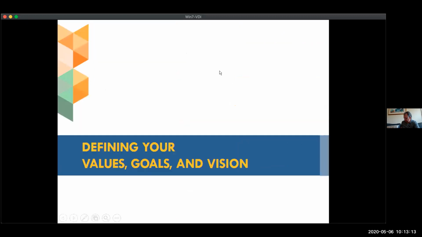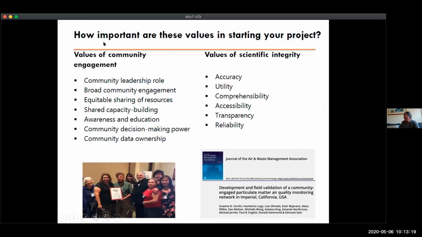To define your goals, there are a few things to consider. One is balancing the values of robust community engagement with those of ensuring that the data the network is generating will be scientifically valid, accurate, accessible, transparent, and reliable.